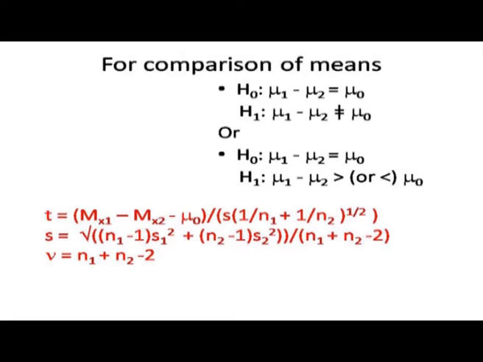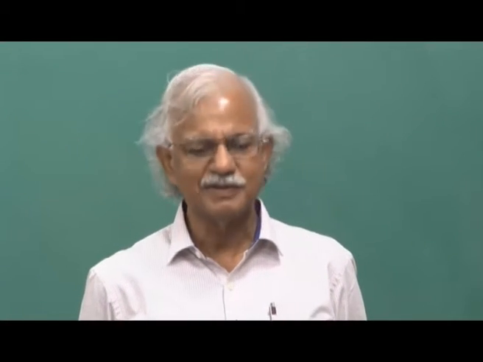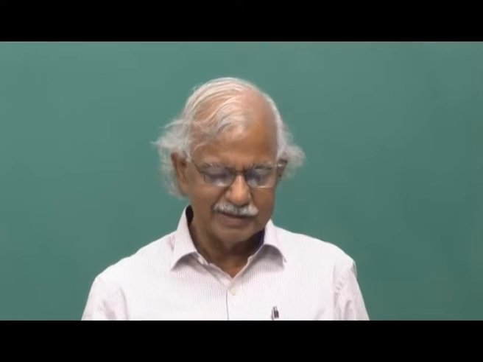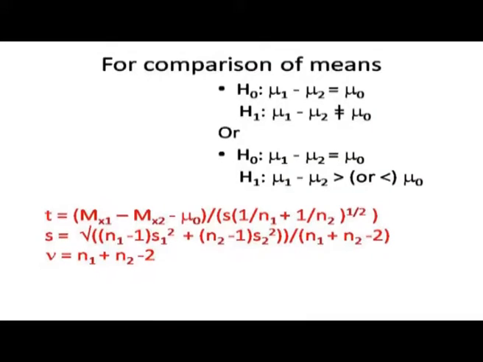Then your alternative hypothesis would be that the mean of the first group is higher than the mean of the second group, or that the mean of the first group is smaller than the mean of the second group. In this case, t is defined like this.